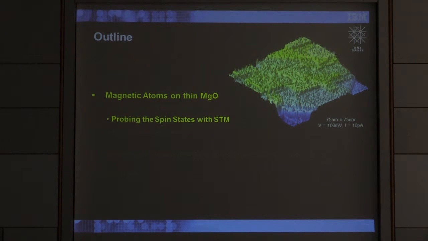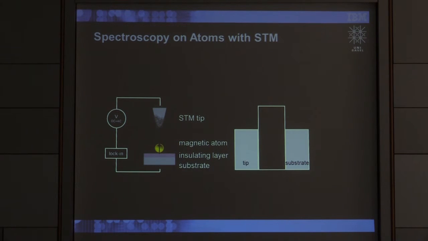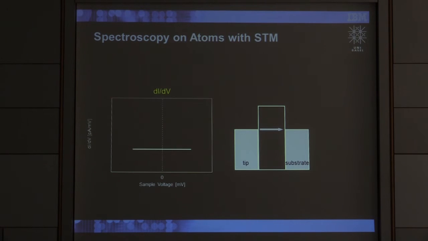So to probing the spin state with the STM, we've seen this yesterday already. Basically, use an STM tip and probe your magnetic atom by measuring conductance through that atom. And as long as your energy is not high enough to hit an excitation in your atom, you just see constant conductance.